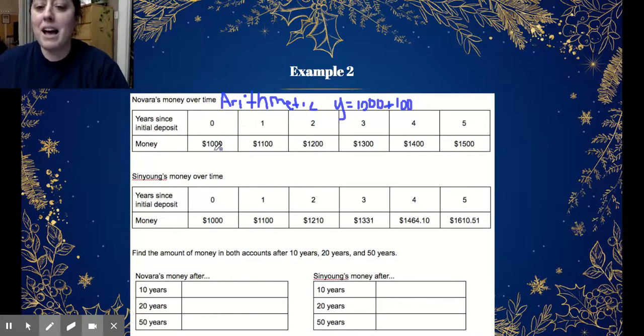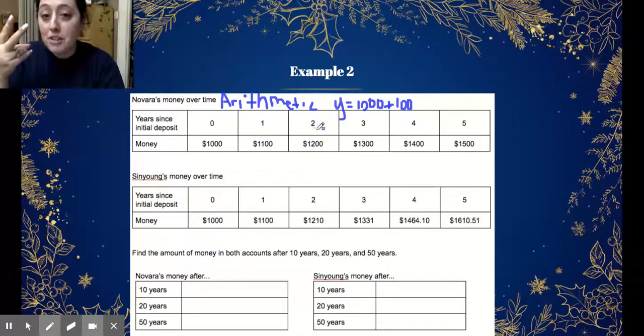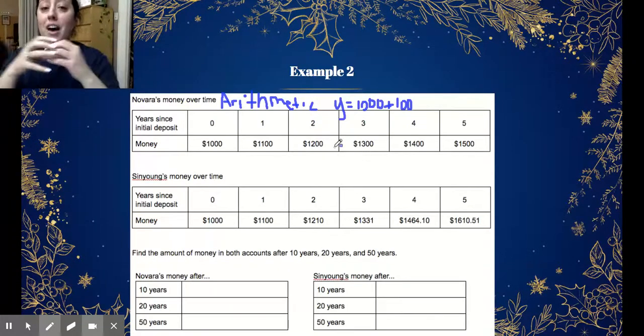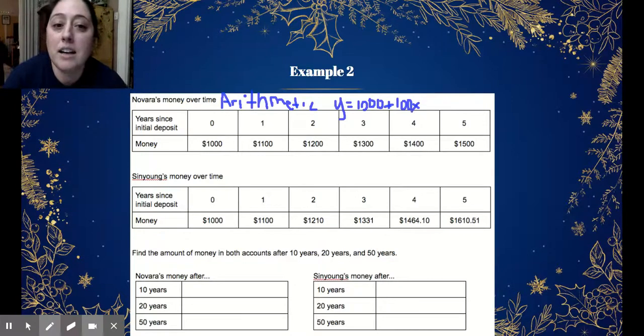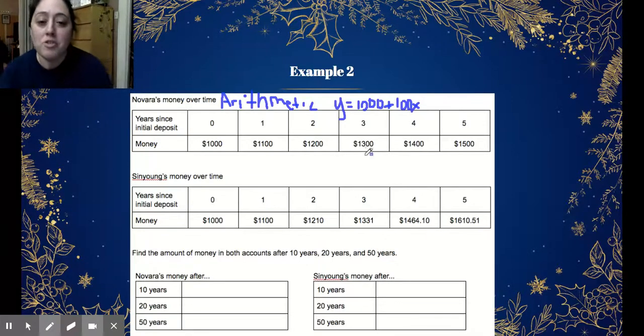Here I'm adding 100 to my initial amount 0 times, then 1,000 plus 100, then 1,000 plus 200. All the hundreds that you're adding match with your x values. But that's arithmetic.